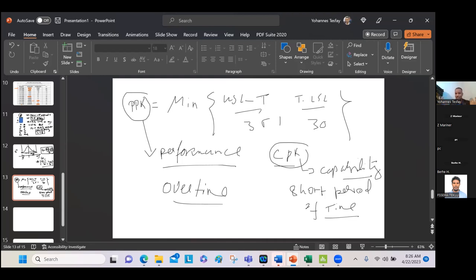But if you take production data, let's say 1 month's data, 2 months' data, or whatever, and analyze it, that's what PPK is.